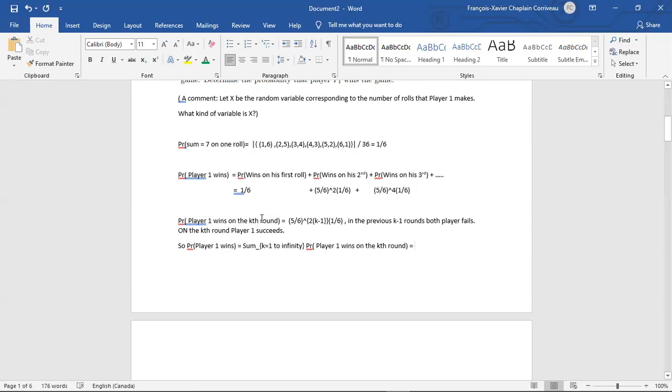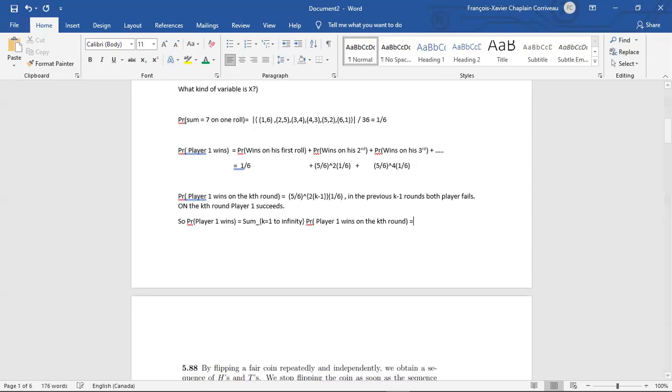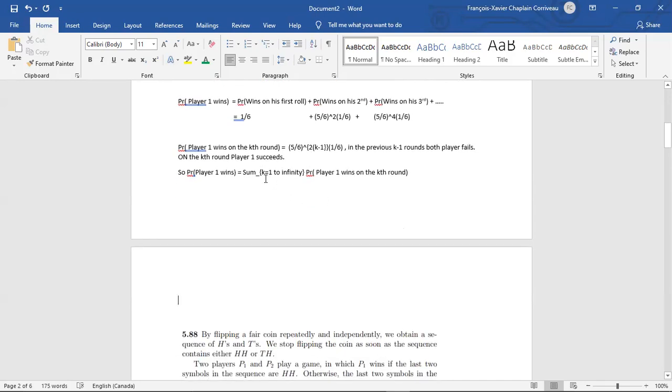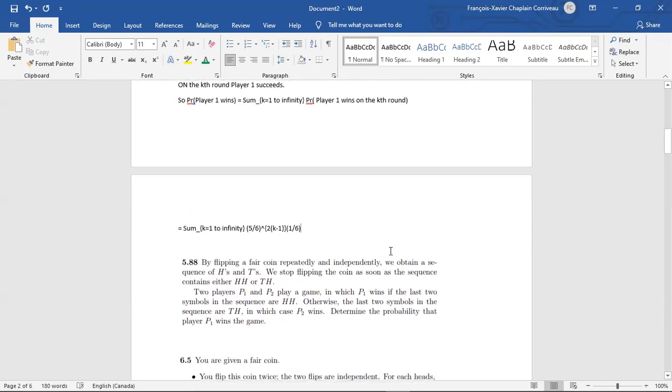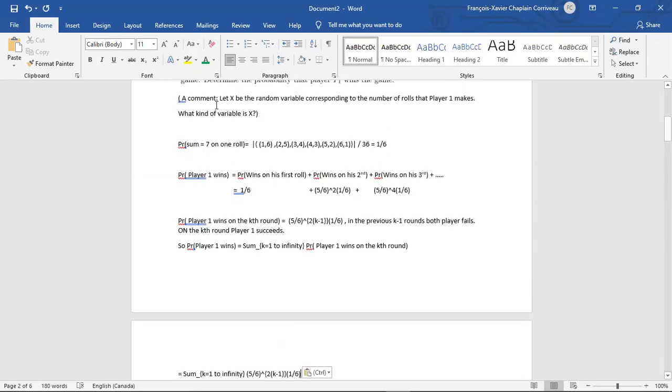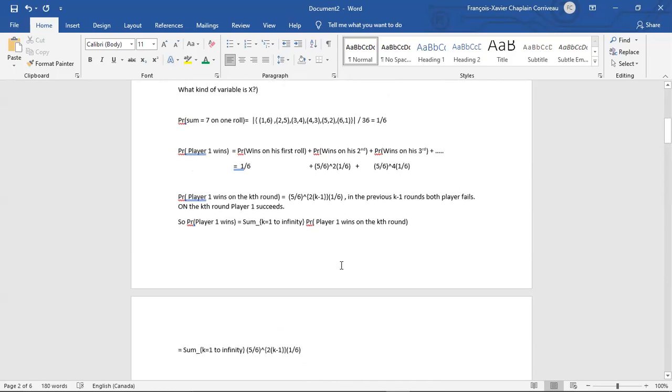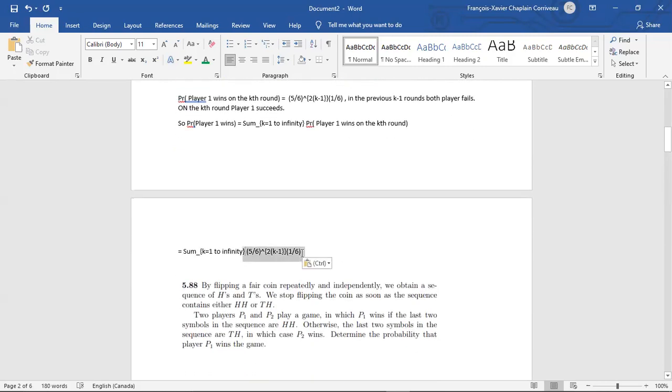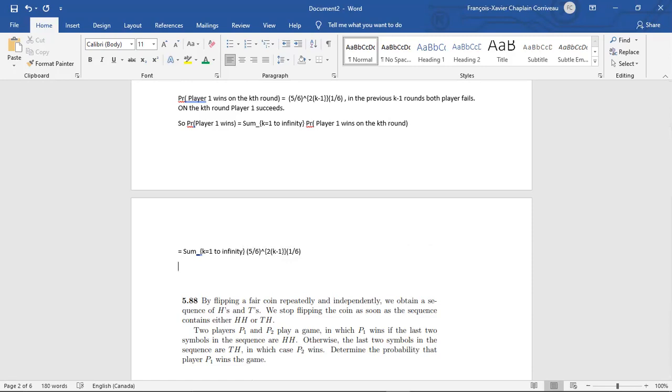Now you just plug it in. I'll write it at the bottom here instead. So this is equal to what? This summation times this thing. Now, again, the point of making that comment at the beginning is that this essentially boils down to a geometric series. It is a geometric distribution. So what do we want now?